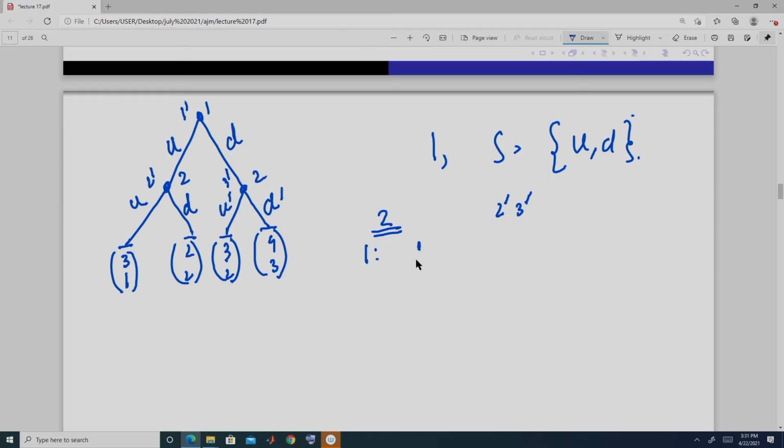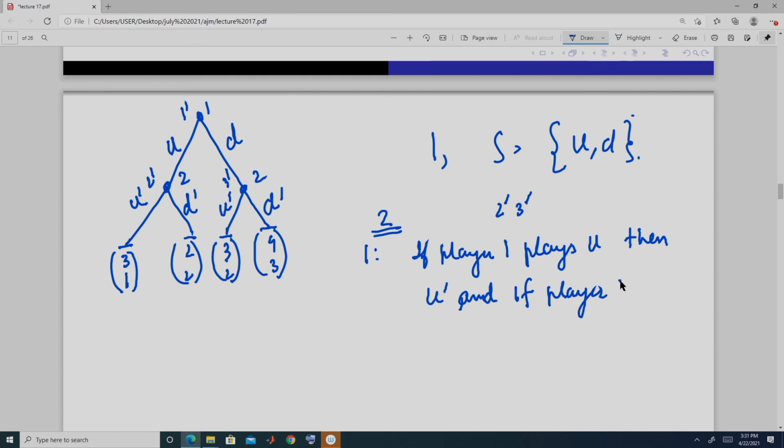Strategy 1: if player 1 plays U, then you specify U dash, and if player 1 plays D, then U dash.